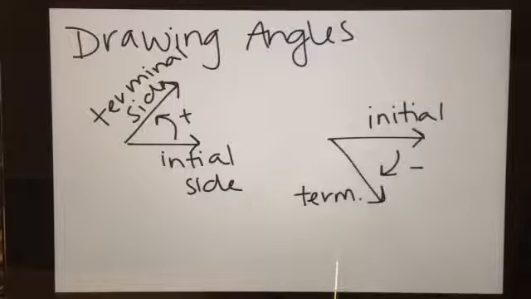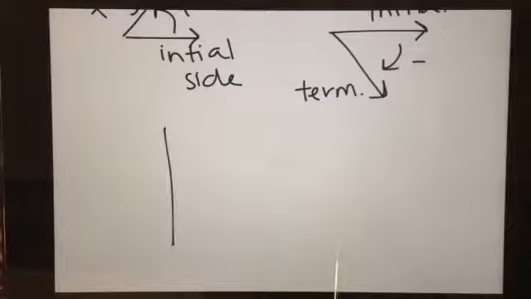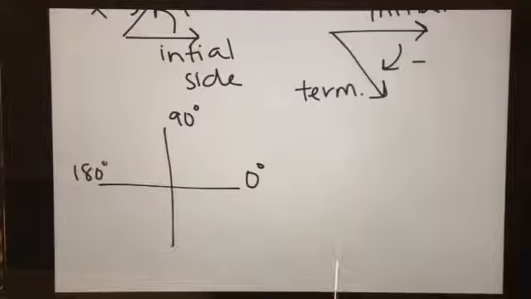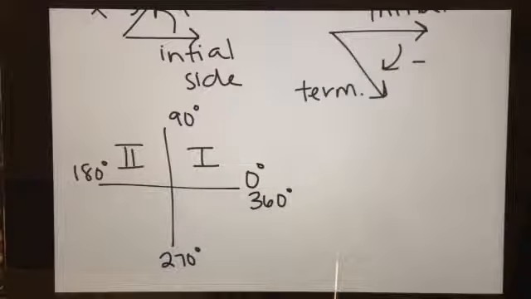And we draw these on a coordinate axis. So over here, if we're talking about degrees, this would be 0 degrees, 90 degrees, 180 degrees, 270 degrees, and then all the way back to 360. And we'd say this is the first quadrant, second quadrant, third quadrant, fourth quadrant.